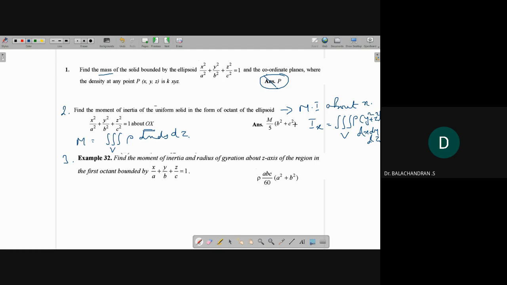Similarly, the third problem: find the moment of inertia about the z-axis. That means you should find Ix and Iy, for the first octant bounded by x by a plus y by b plus z by c equal to 1.